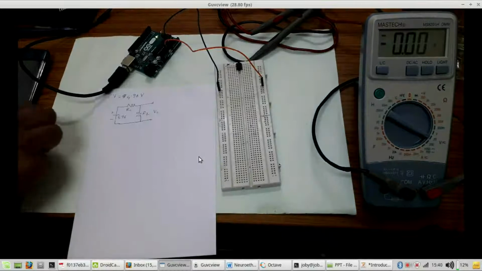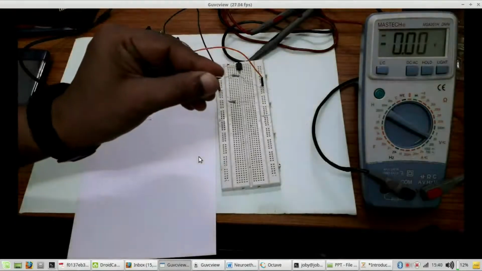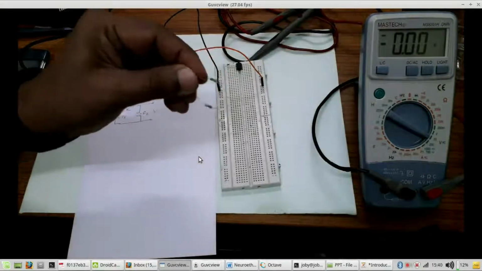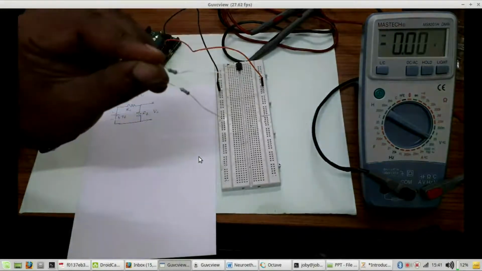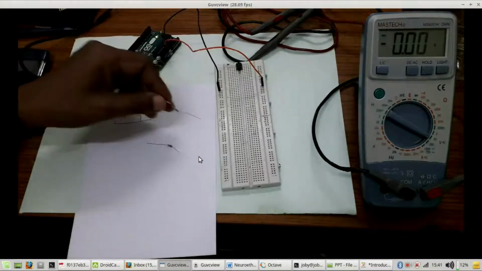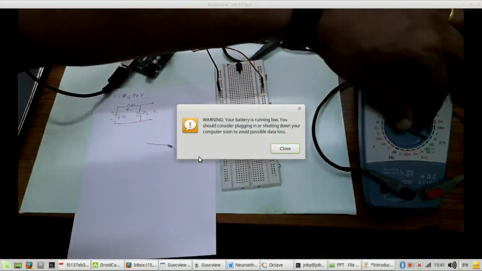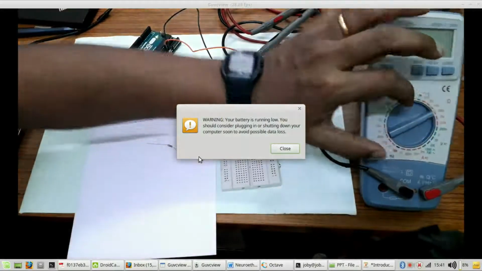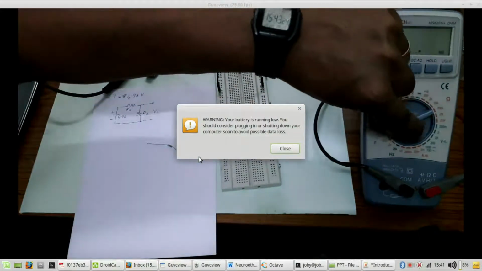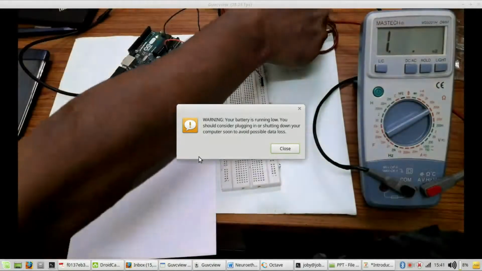So now let us take two resistances, just randomly chosen, and I have chosen one to be around 10K and the other to be around 49K. We'll check whether that is true. For that we need to switch this to ohmmeter, right? So 49 is in the tens of K's range, so I will take the 200K range, and then I am going to measure this.